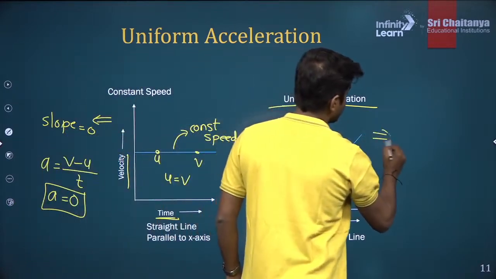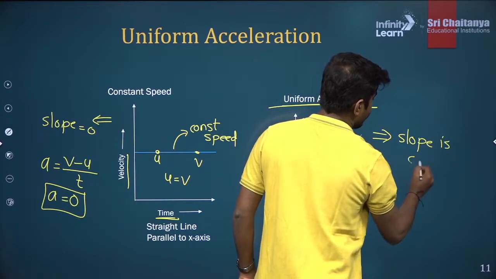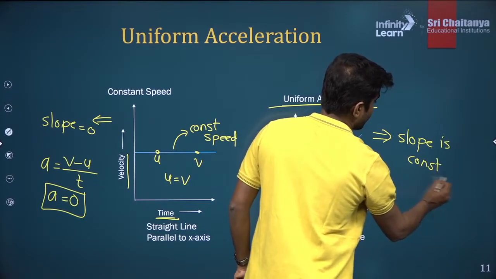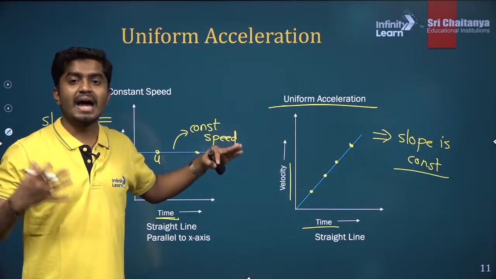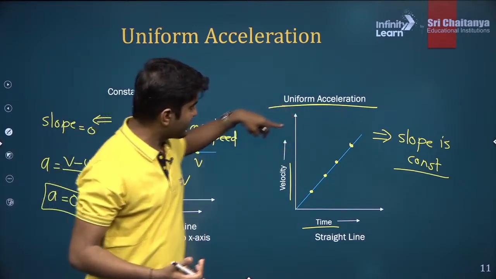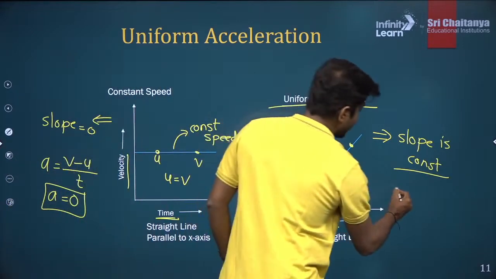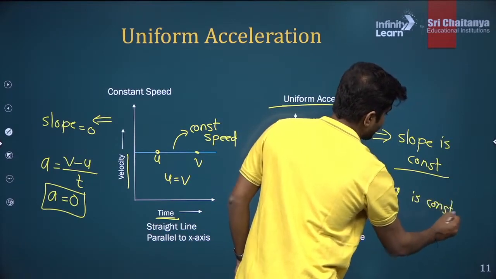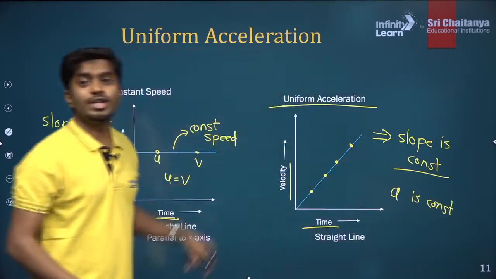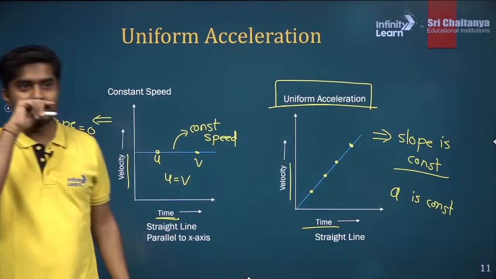So here slope is constant. Just now in the previous slide I told you the slope in the velocity time graph is our acceleration. So in this case acceleration is constant. This is an example of uniform acceleration or constant acceleration.